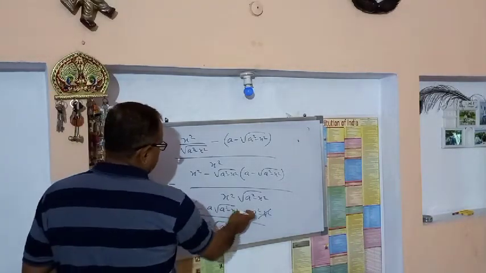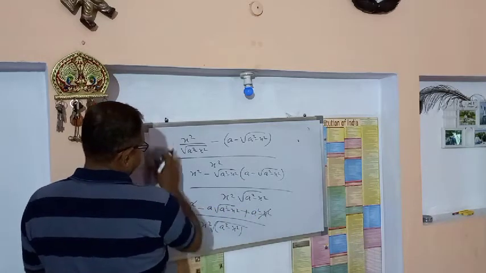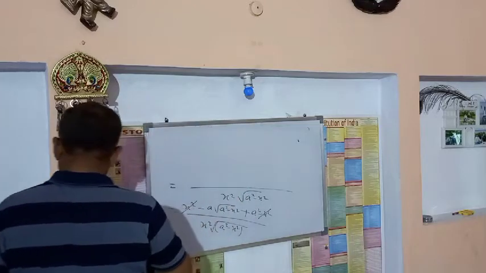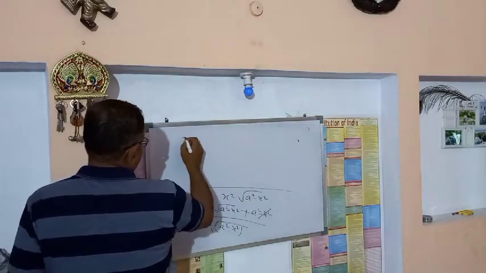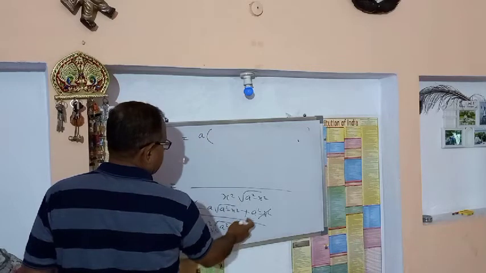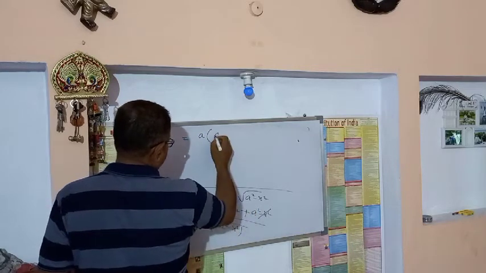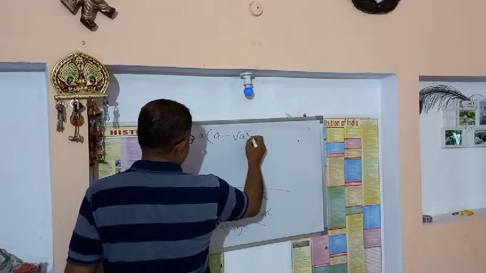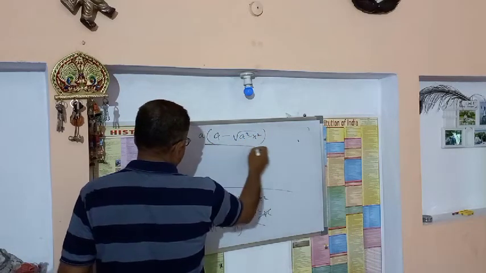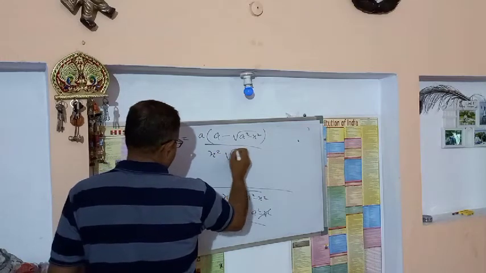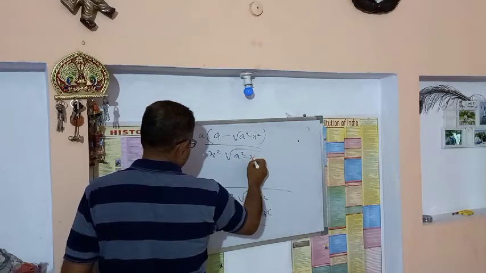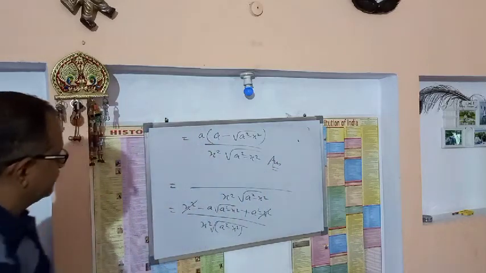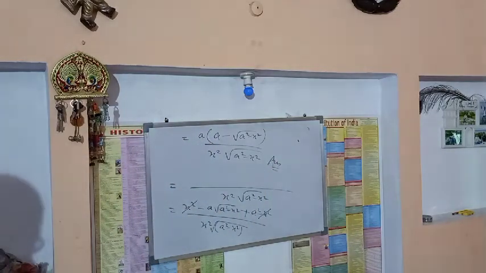We can take a common from the numerator. We will get a from here, and minus under root a square minus x square whole upon x square into under root a square minus x square.